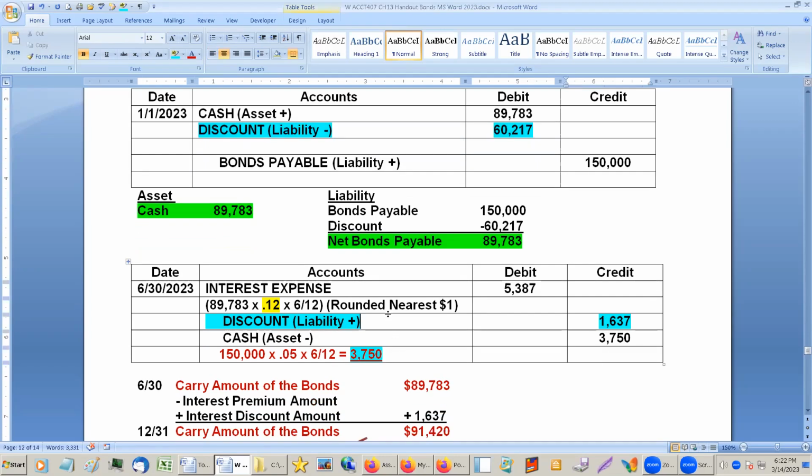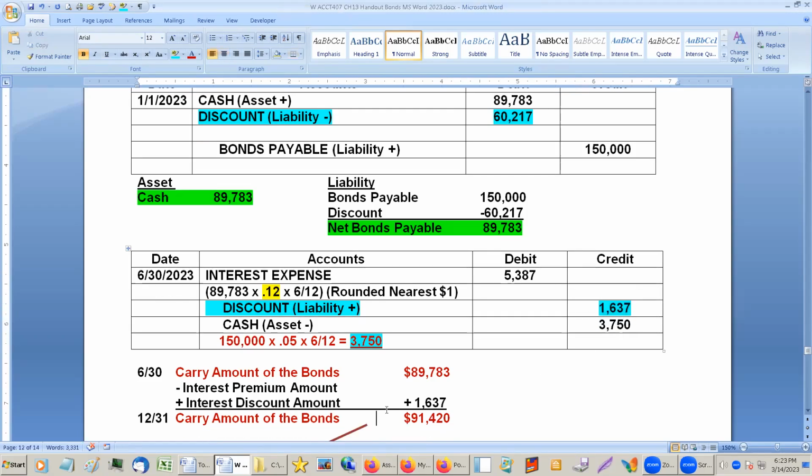And too, if you look at this, our interest expense, what we kind of owe these people, was $5,387. How much did we pay? We paid $3,750. We didn't pay the full interest expense. They're not just going to forget about the $1,637. They're going to add it on to what we owe them. That's kind of what's going on down here.